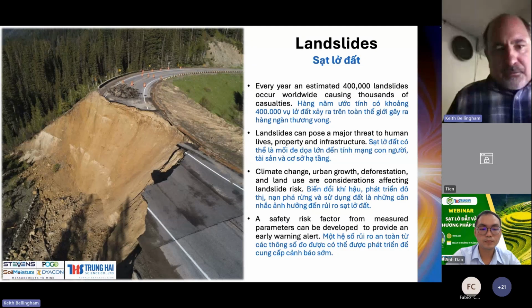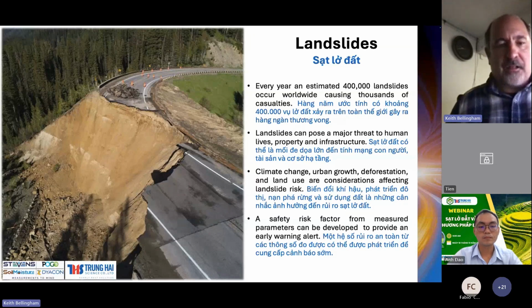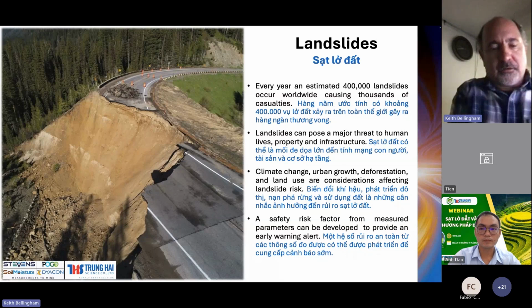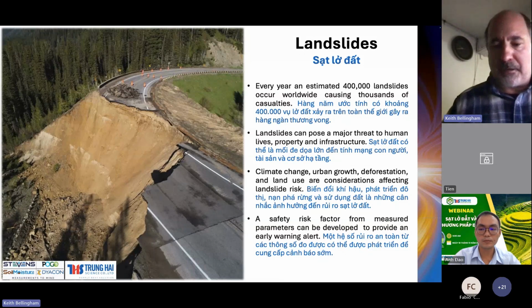So a risk safety factor for measured parameters can be developed to provide an early warning system. There can be an analysis of the soil and monitoring that can help identify the risk, and even help predict and assess the risk of landslides. That's what we're going to talk about today at a technical level.